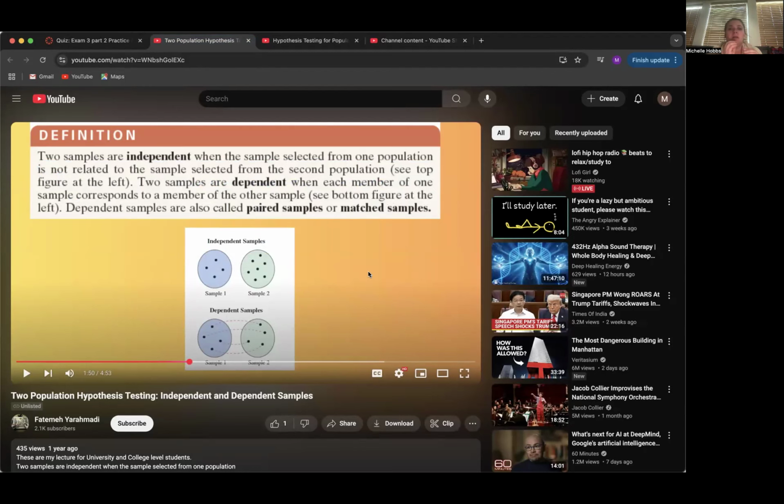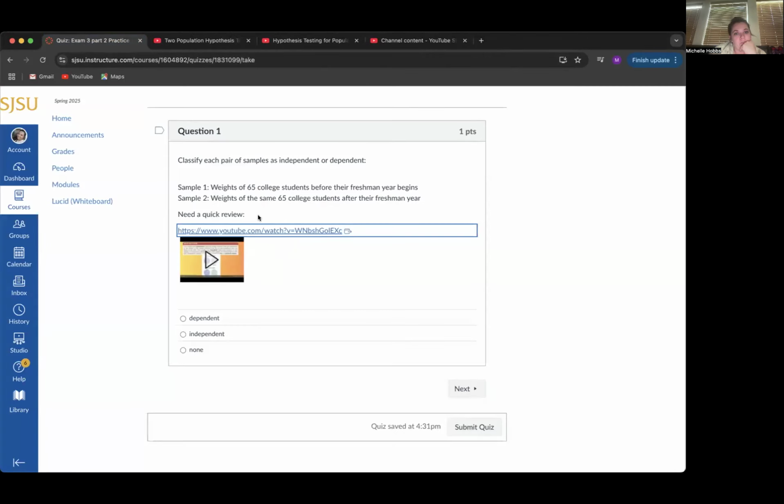Two samples are dependent when each member of one sample corresponds to a member of the other sample. So weights of 65 college students before their freshman year begins, weights of the same 65 college students.